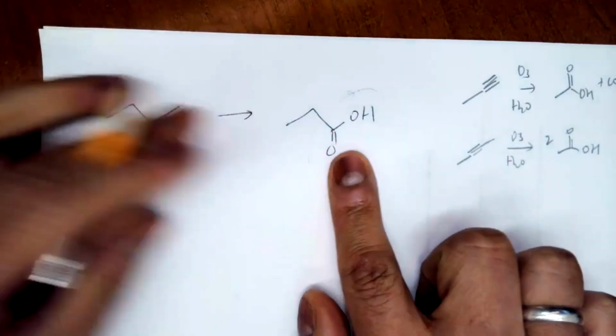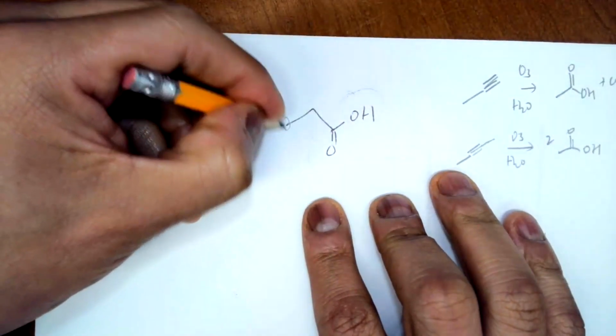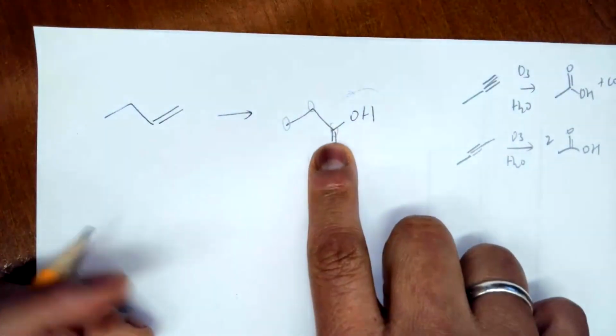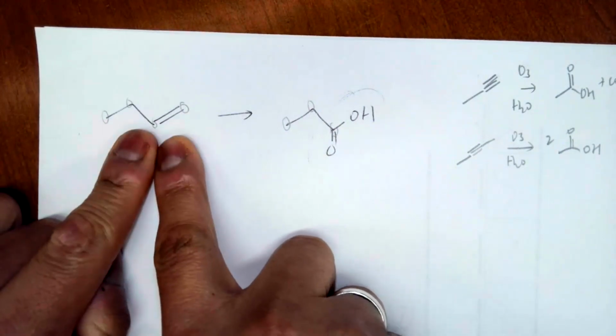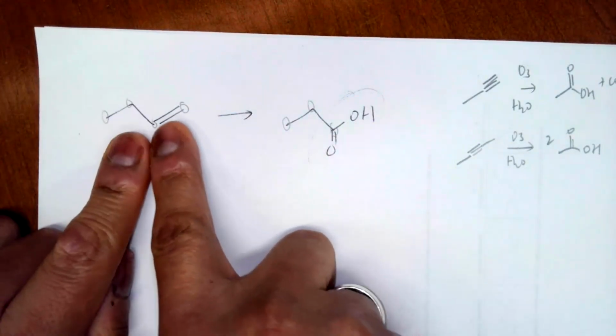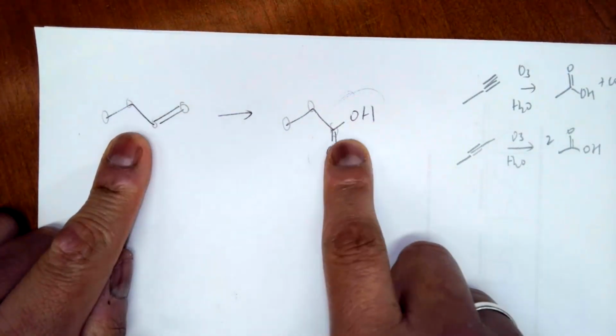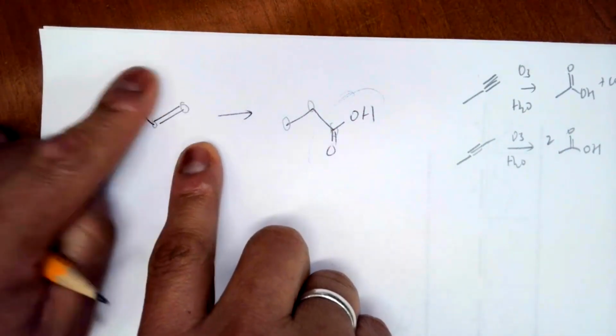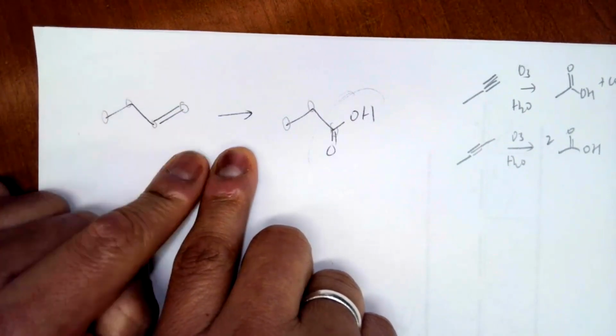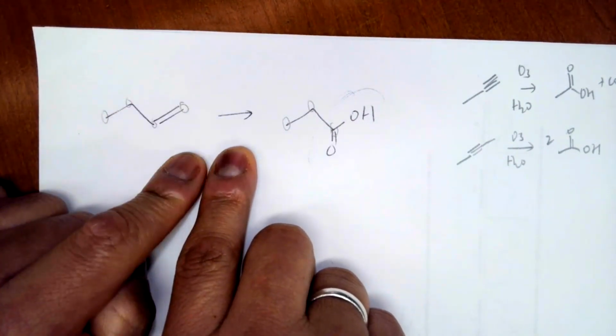Okay, so first thing to do is count: 1, 2, 3, 3 carbons. Good. What about here? 1, 2, 3, 4 carbons. Okay. What is this telling me? This is telling me that my chain is getting shorter from 4 carbons to 3 carbons. That means that this molecule has to be cleaved at some point, right?